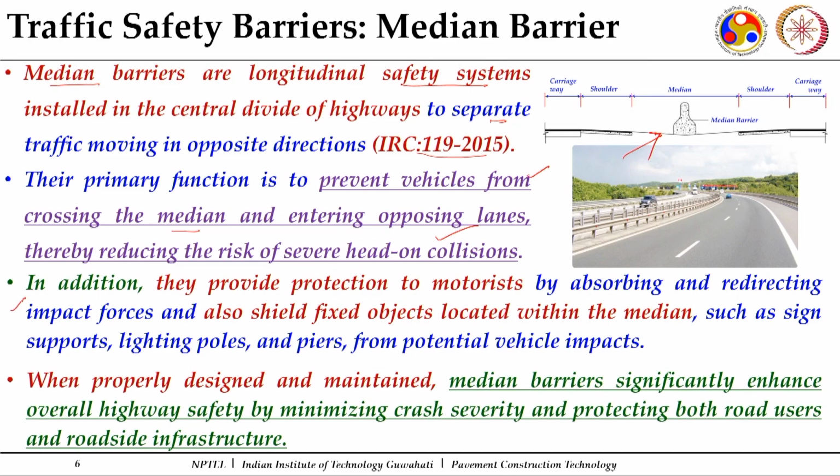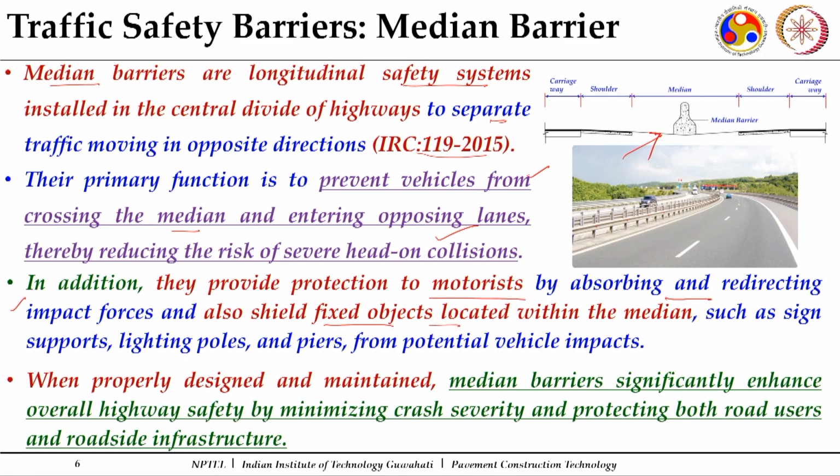In addition, they provide protection to motorists by absorbing and redirecting impact forces. When a vehicle strikes, the impact energy gets absorbed by these crash barriers, and they are able to redirect it. They also shield fixed objects. There may be certain permanent objects in the median, specifically at toll plazas and other locations.